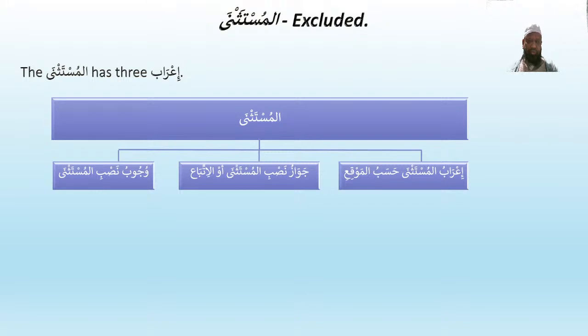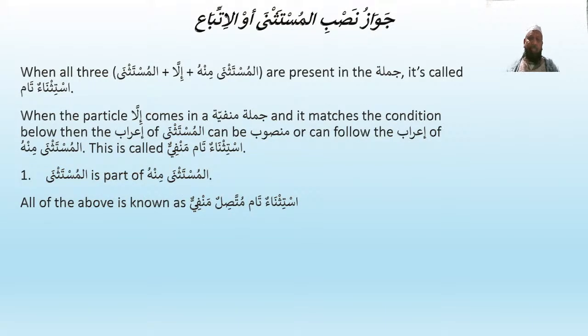We'll do this in the next lesson. All right. Jawazu nasb al-mustathna aw al-ittiba'. When all three, al-mustathna minhu, illa, and al-mustathna are present in the jumla, it is called istithna'un tamun. So we are going to talk about istithna tam.